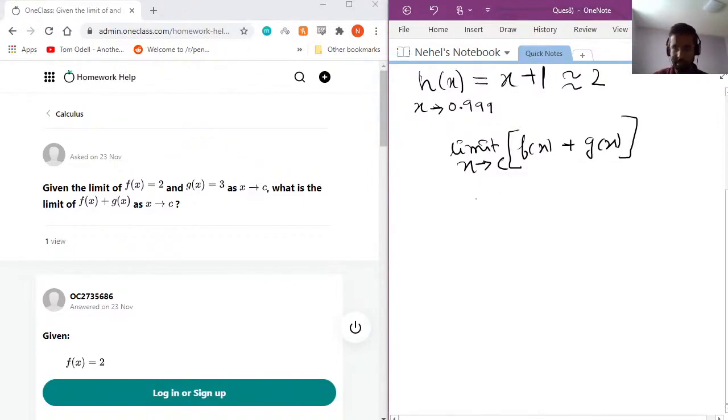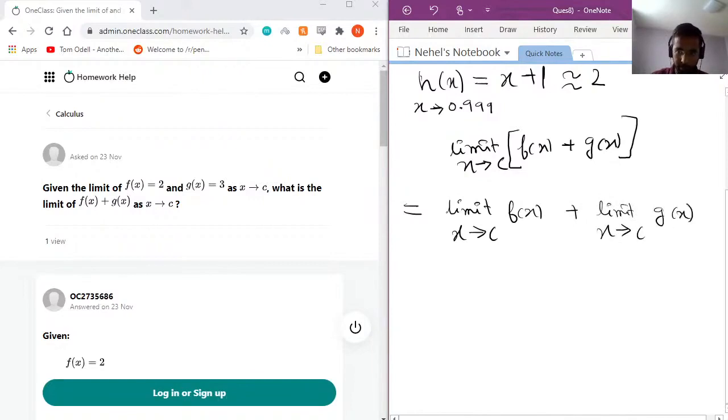So I can write the above expression, because of this property, as limit x tends to c f of x plus limit x tends to c g of x.